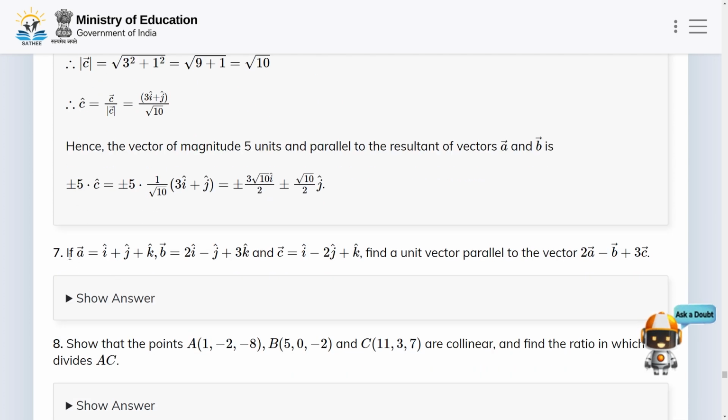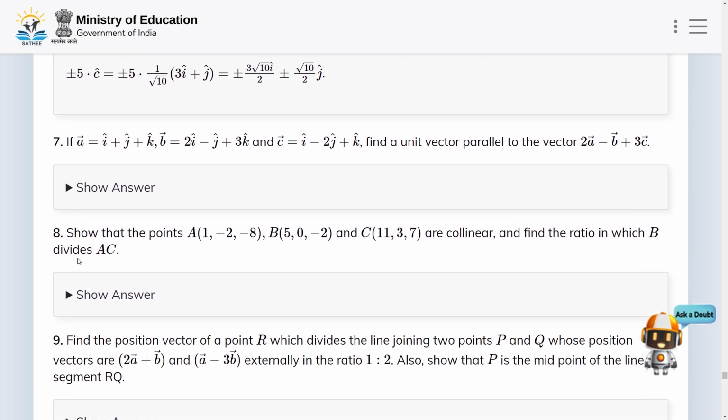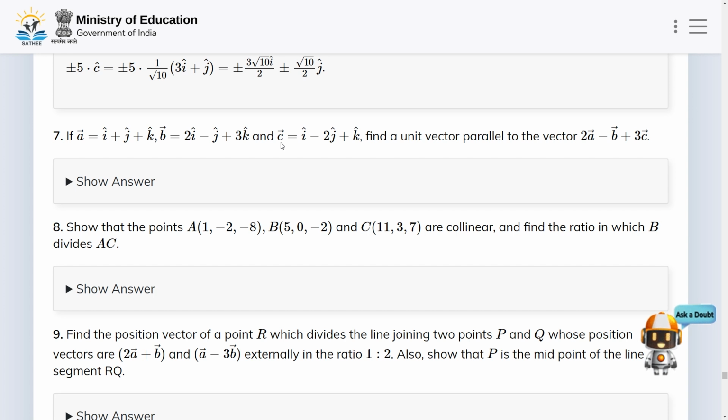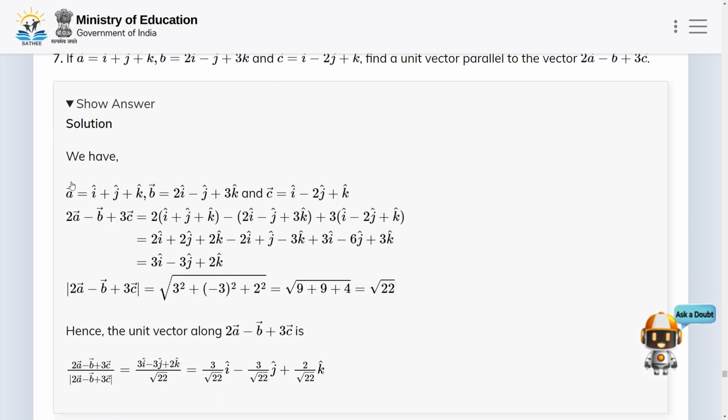Now the seventh problem. A vector is this, b vector is this, and c vector is this. You have to find a unit vector parallel to this vector. First of all, find this expression. So 2a minus b plus 3c will be 3i hat minus 3j hat plus 2k hat.